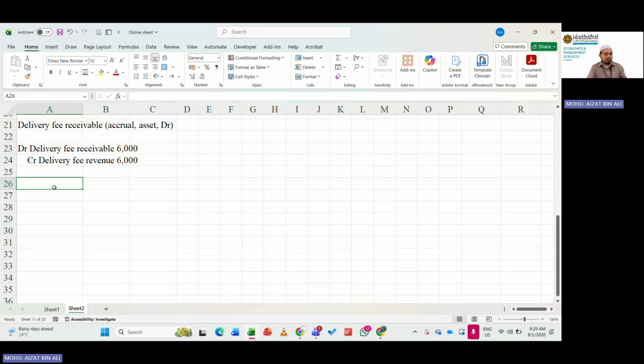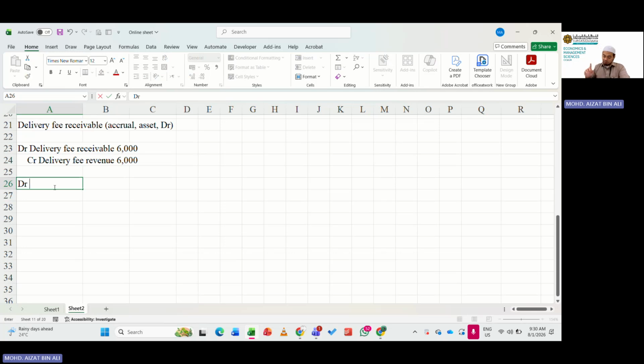Now, the adjustment says that of the amount, 20,000 ringgit, 40% was earned, meaning we have to take out 40% of the amount from the unearned commission revenue. To take out from a liability account, which is a credit, we are practically reducing the account, so we have to debit.